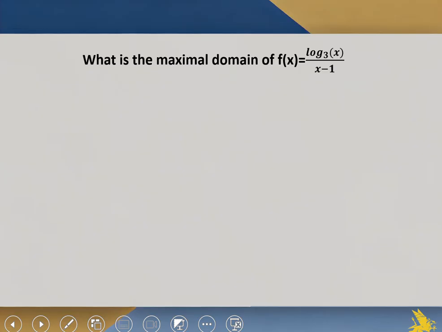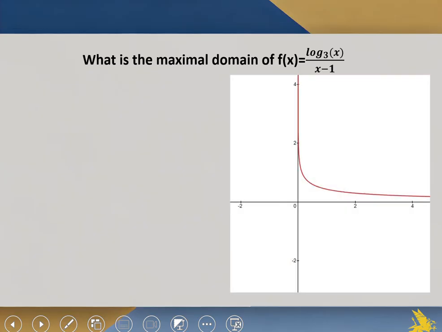What is the maximal domain of the function f of x equals log of 3x over x minus 1? If we draw this straight away, we can clearly see that our x values, our domain, start at 0, or get as close as possible to 0 and don't reach it, and continue to infinity.